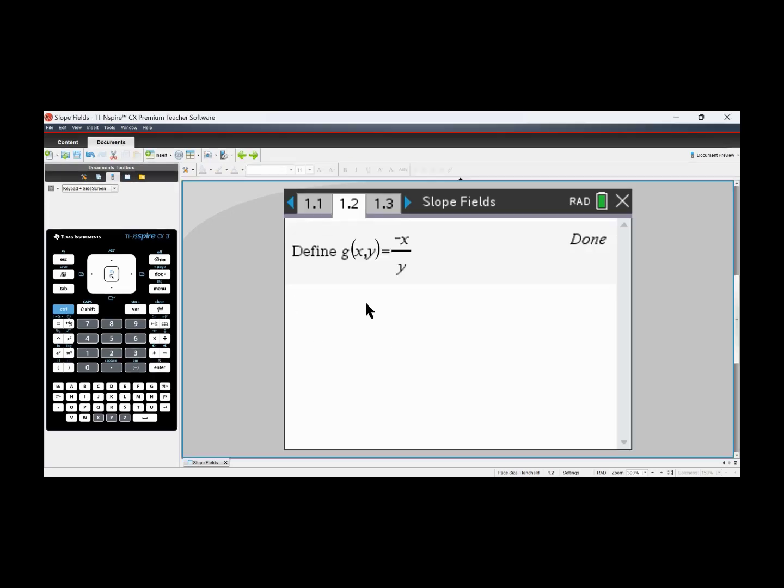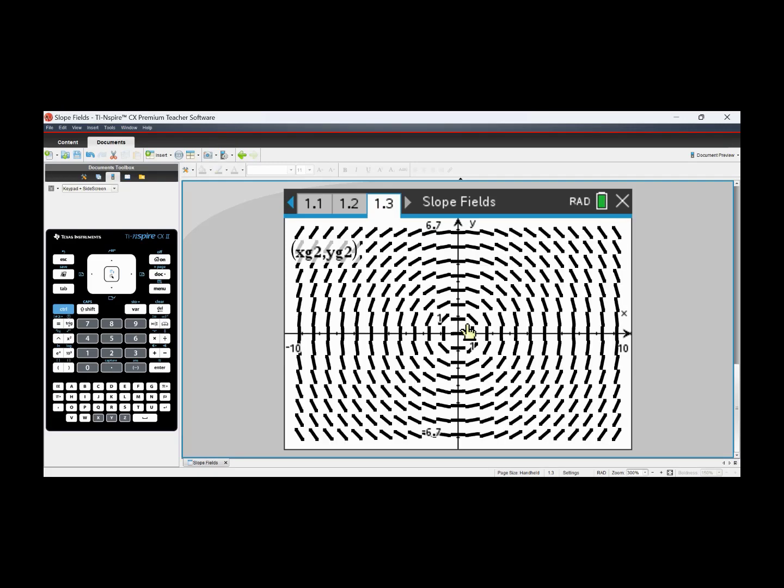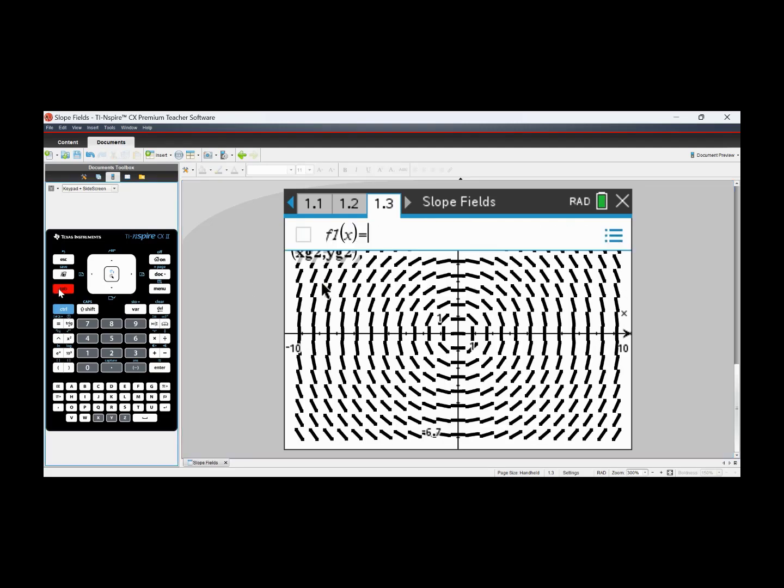So here we are, and we define our g of x y, our differential equation dy dx, to be negative x over y. That's the same one we want. And we go look at our graph. Notice this is a family of circles, a bunch of circles all centered at the origin. Now, if I tab up, we can put in our particular solution.